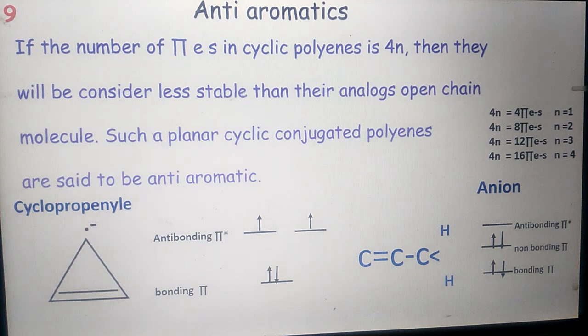So the cyclopropenyl anion is less stable than the propenyl anion, or less stable than its open chain analog, and this cyclopropenyl anion is antiaromatic.